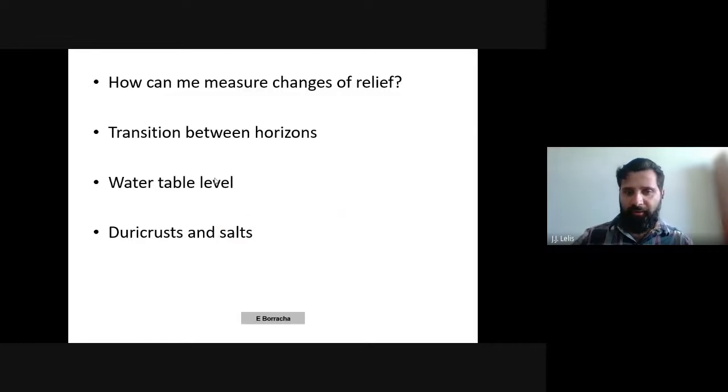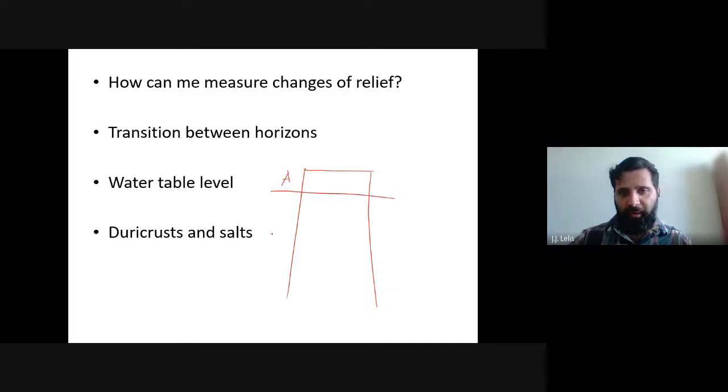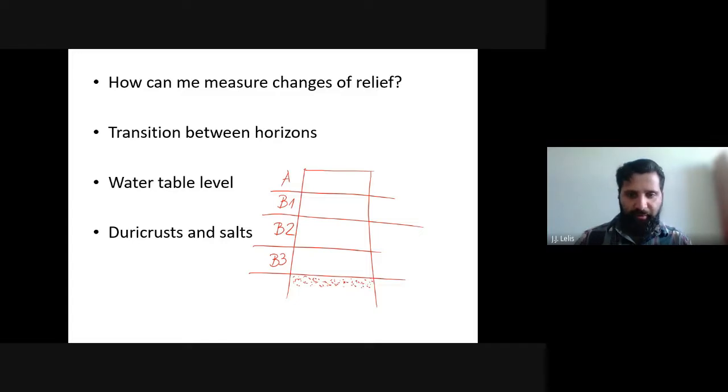So if you are describing a paleosol and you describe something like an A horizon and a B horizon and P1, P2, P3, and you find here a new horizon that presents a lot of salt, a high content of salts, a high pH, and several salts like gypsum, calcium carbonate, and magnesium carbonate, and sodium chloride and other salts.